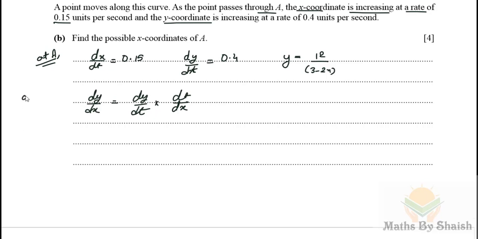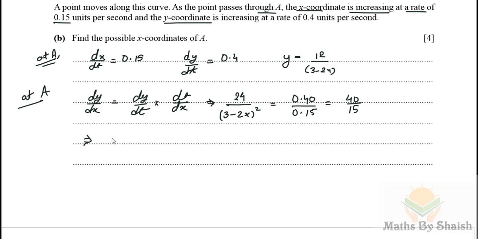So at A, from the previous part we have seen dy over dx is 24 over 3 minus 2x square, is equal to 0.4, and since it is dt by dx, it means dividing by 0.15, or we can write it as 40 over 15 to remove decimals, and so we'll solve it now.